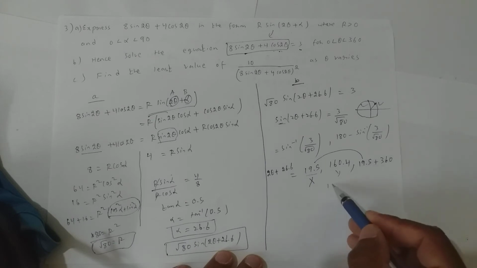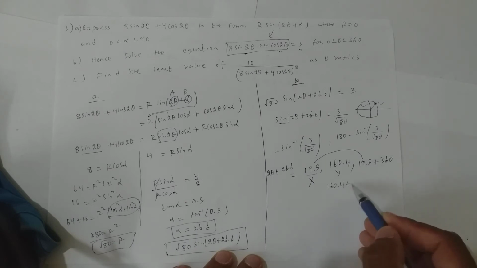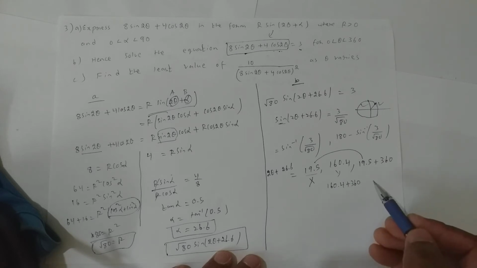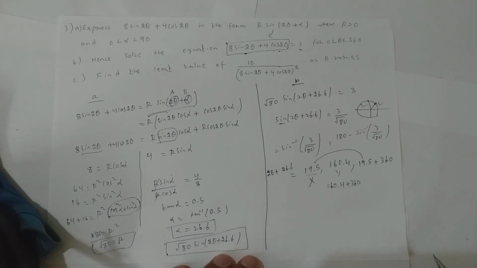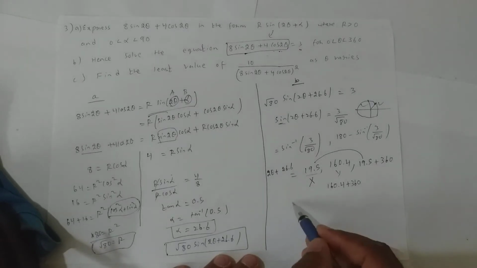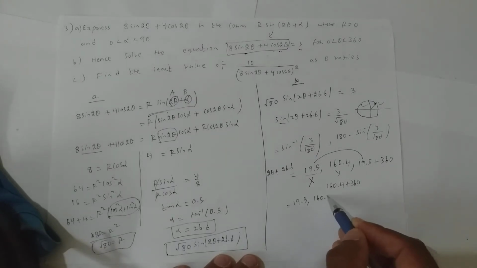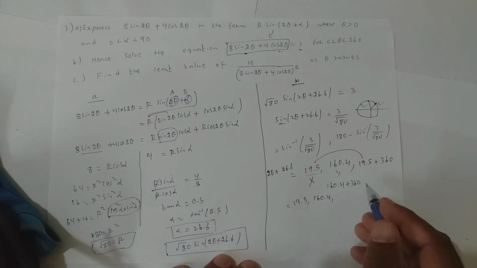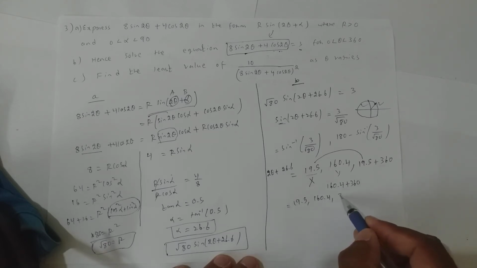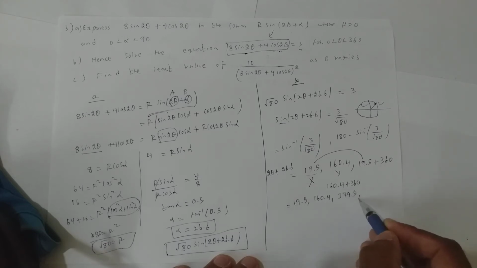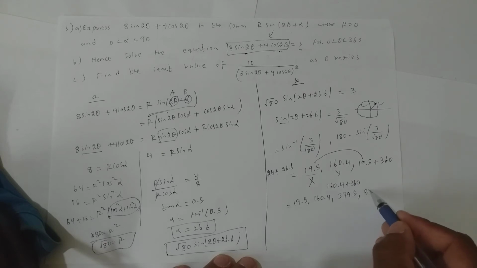Same thing I can also do to this one, 160.4 plus 360. So now my values are 19.5, 160.4, 379.5 and 520.4.